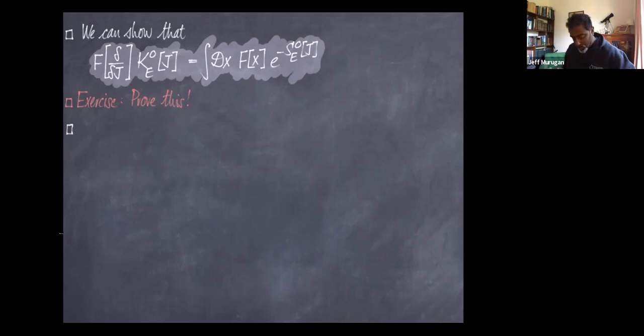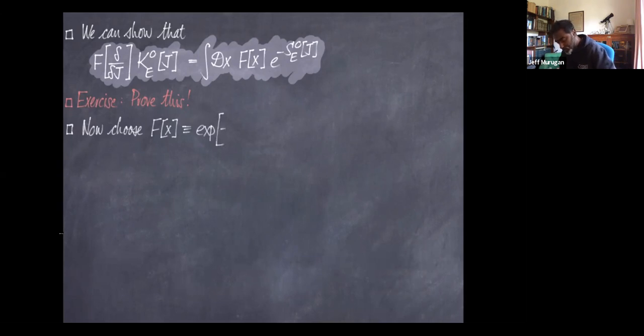However, now we can use this and make a particular choice for the functional f. Now, let's choose f of x equal to e to the minus the integral with respect to tau of lambda over 4 factorial times x, remember x is a function of tau, to the 4.